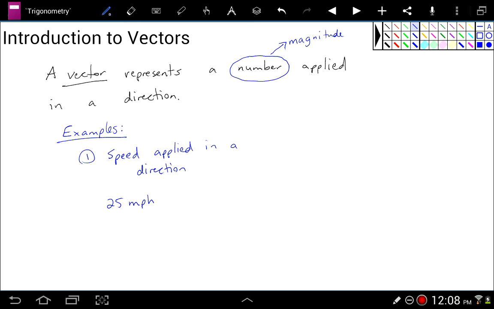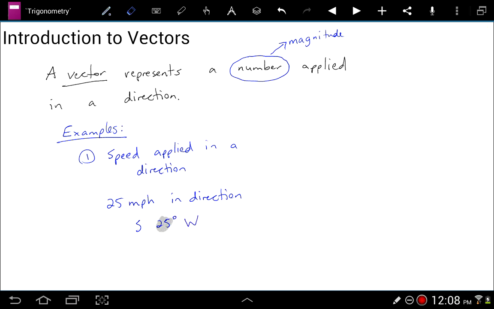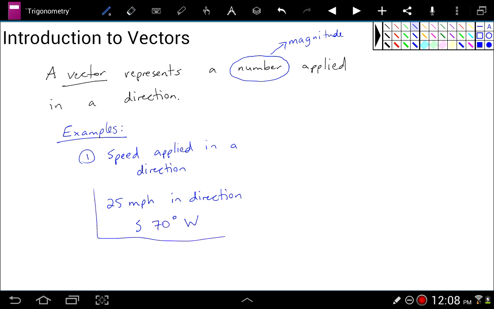That's just a number, right? 25 is just a number. But then if we say in the direction south 70 degrees west, now that is a vector. Okay? So we have a speed applied in a certain direction.